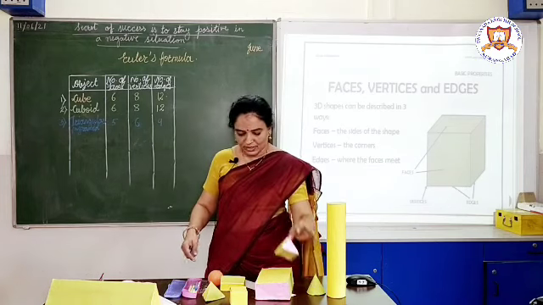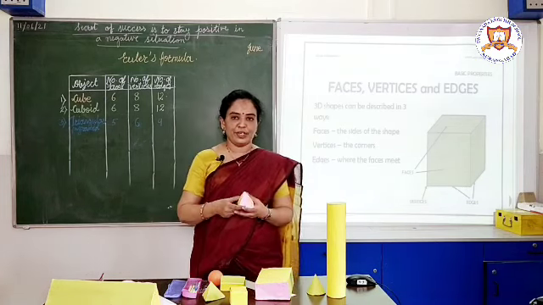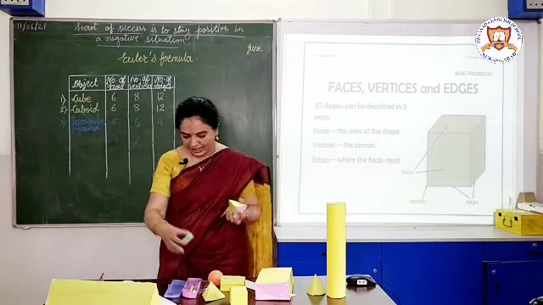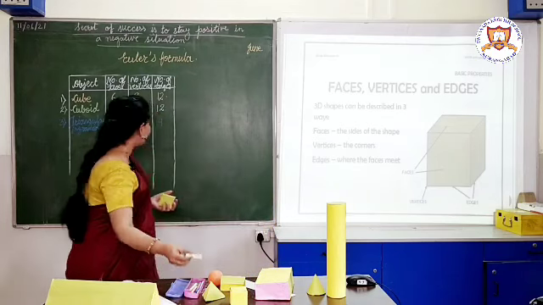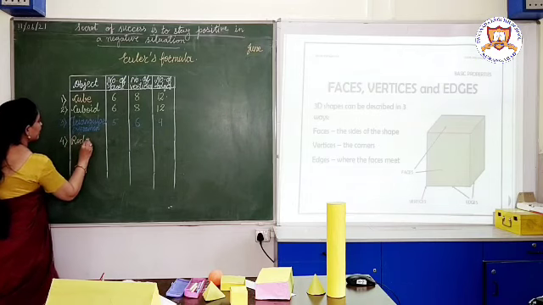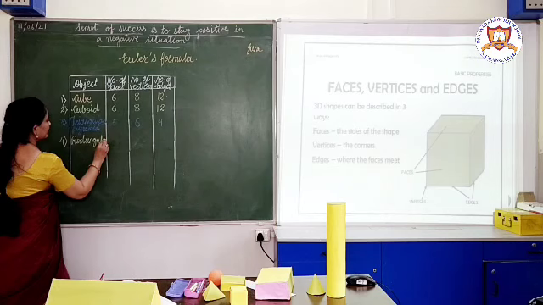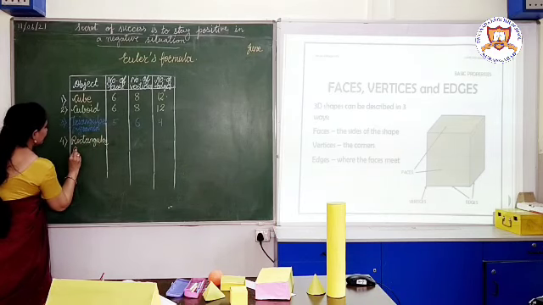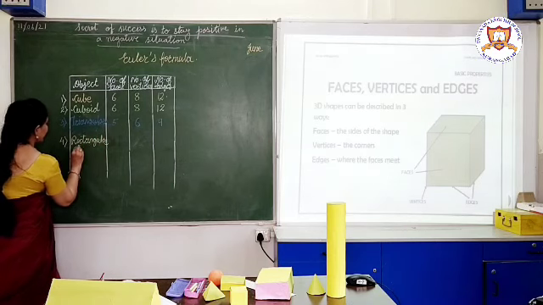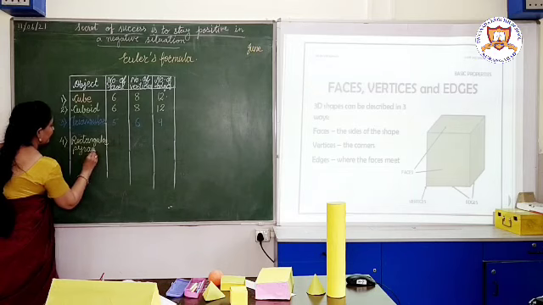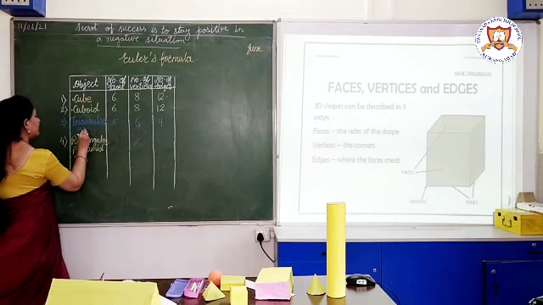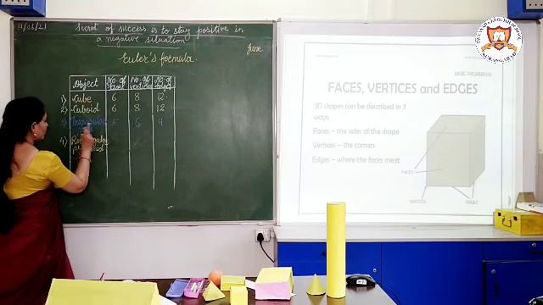And now take one prism, and now take one pyramid. This is a pyramid, a rectangular pyramid. So take this yellow color. Here we will be taking the prism, and here we will be taking the pyramid. Oh, sorry.